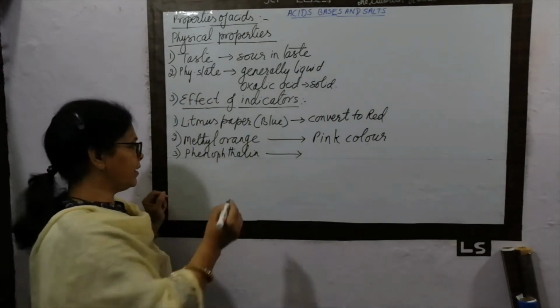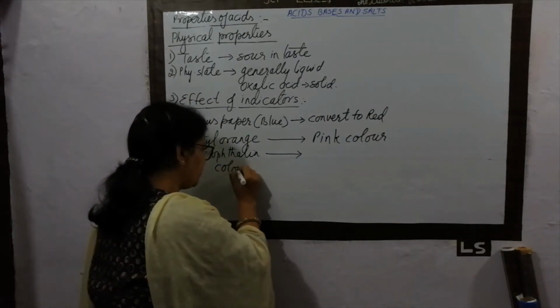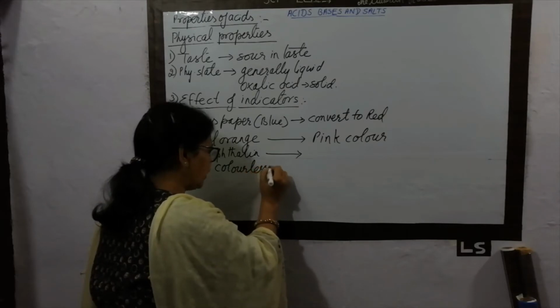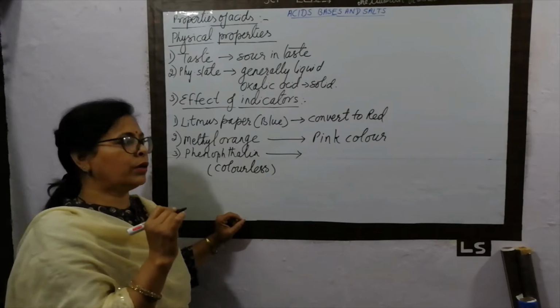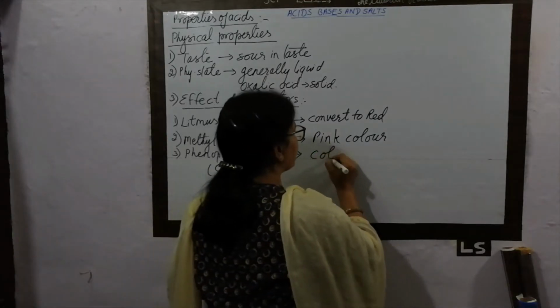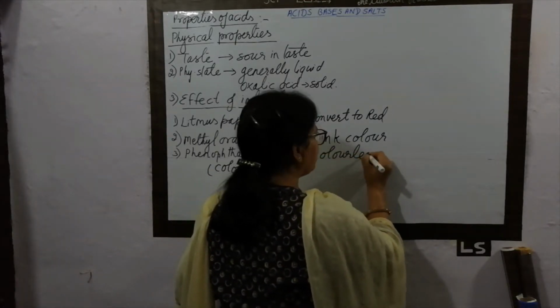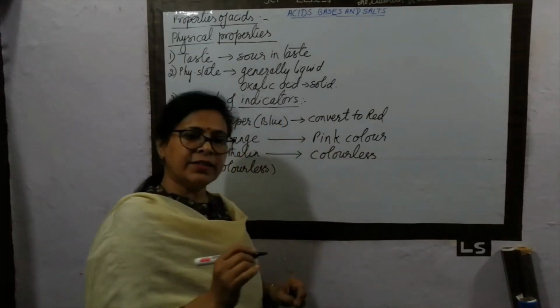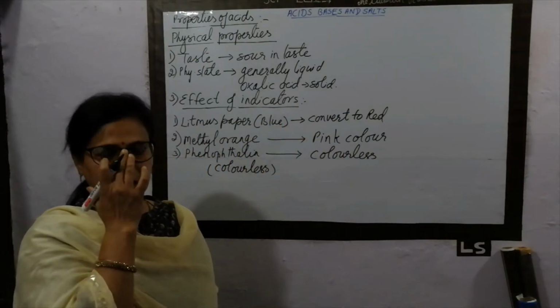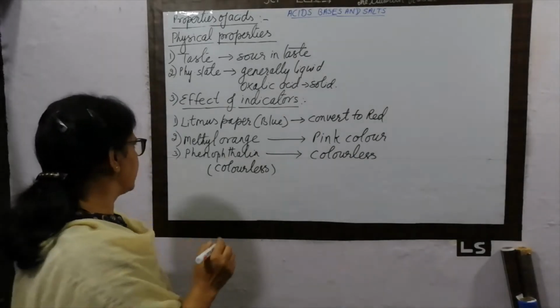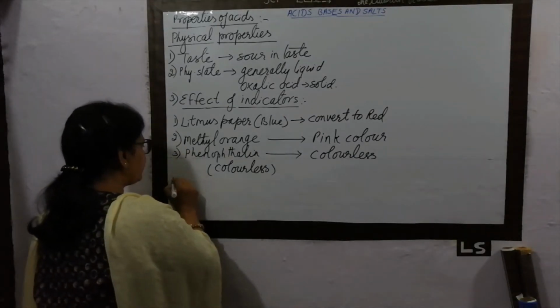Phenolphthalein is colorless in nature. There is no color in phenolphthalein. And when this phenolphthalein comes in contact with acid, there is no change in it. It remains colorless only. In this way, we are able to identify the nature of acid with the help of chemical indicators.